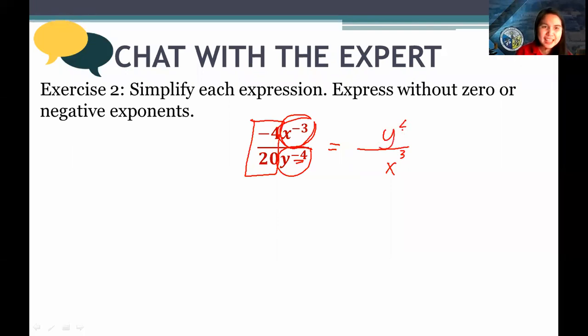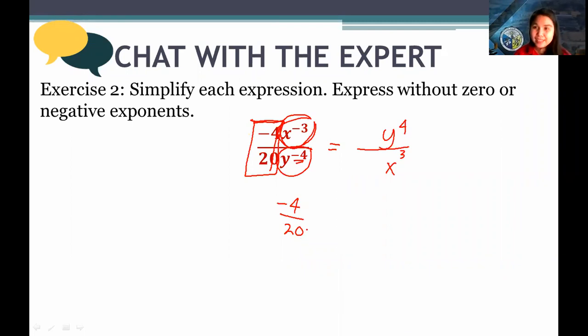Actually, Lalaine's answer is very close. The only difference is this one, negative 4 over 20. Oh, very good. Almost there, Lalaine. But the sign is different. Negative 4 and 20.